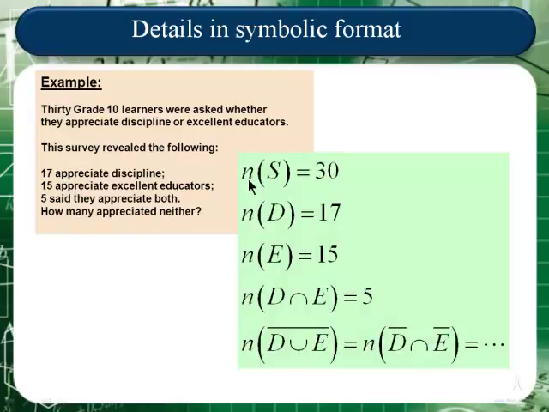In symbolic format, we know that the cardinal number of the sample space is 30 because they interviewed 30 grade 10 learners.